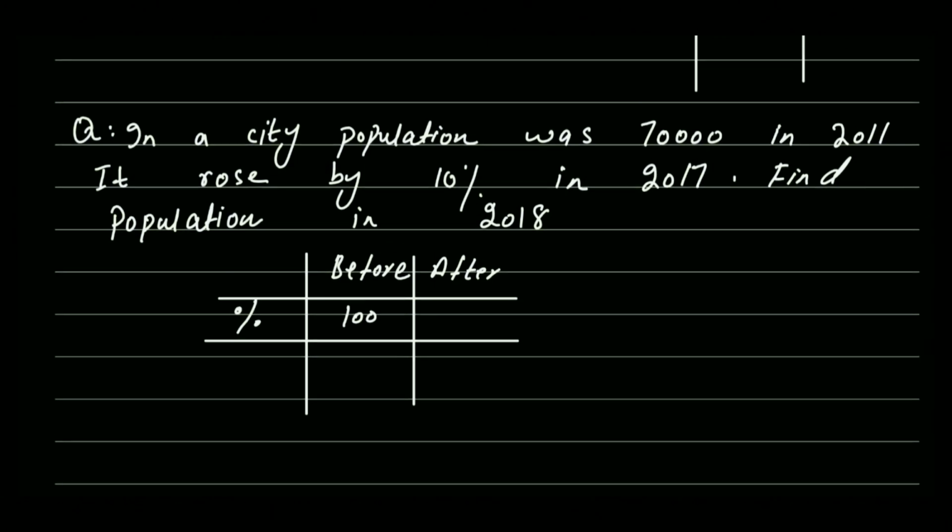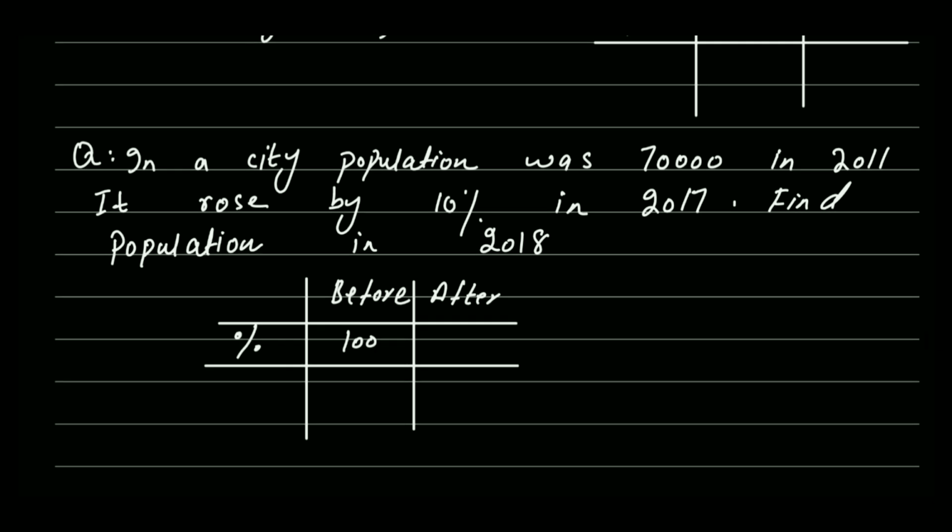So how do we solve this question? We will make these boxes first, and as percentage is given in the question, you will simply make the table. In before you have to write 2011, and in after you write 2017.